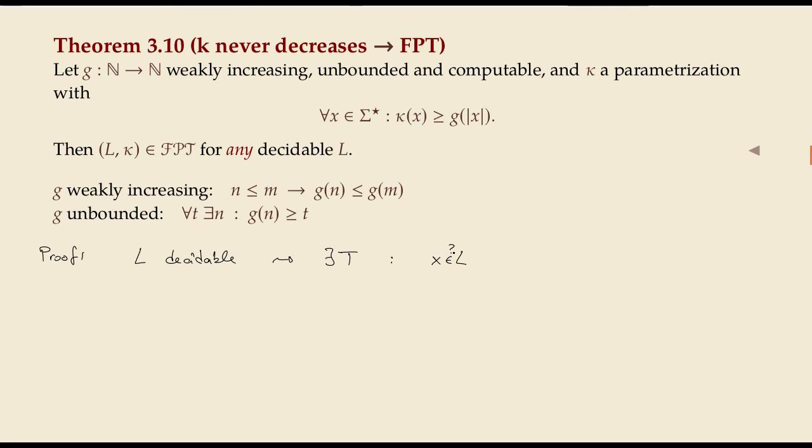So the question whether x is in L is decidable in time at most t of x steps. Now this function t we don't know anything about. It could be really, really large. Nevertheless, there is such a function. And without loss of generality, we can assume that t is weakly increasing also.